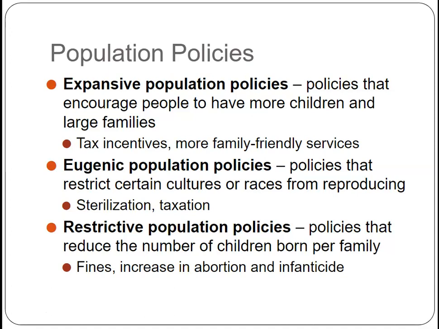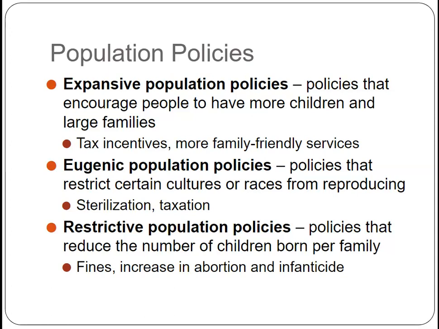Increases in abortions and infanticide, or murder of babies, quite often of female babies, depending on what part of the world you are in. This could be caused by the government or caused by families who find out the gender, or I should say the biological sex, of their baby, either in utero or after birth, and decide we don't want to have a female baby, we're going to abort this fetus or kill this baby in favor of having a male baby later.